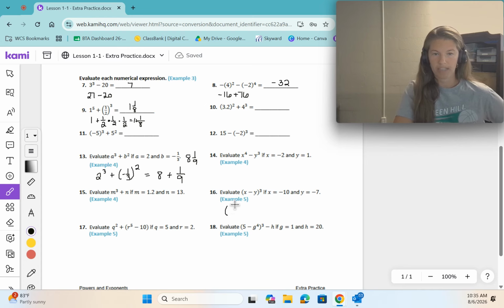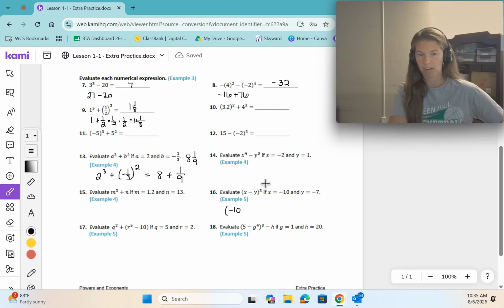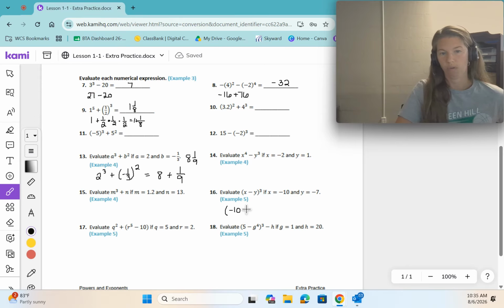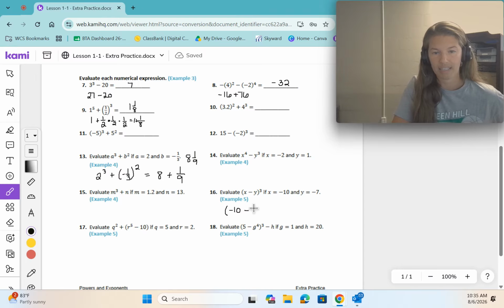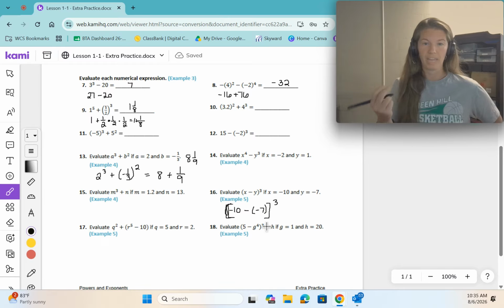Then we'll look at this one together as well. It's got parentheses, and everything in the parentheses is being raised to a power. So we have x is negative 10. Again, just substituting the number that they give you for that variable, minus y, and in this case, y is negative 7. So we're going to utilize those parentheses. This kind of turns into a bracket here because all of this needs to be combined before we raise to a power, because our order of operations says parentheses first, then exponents.